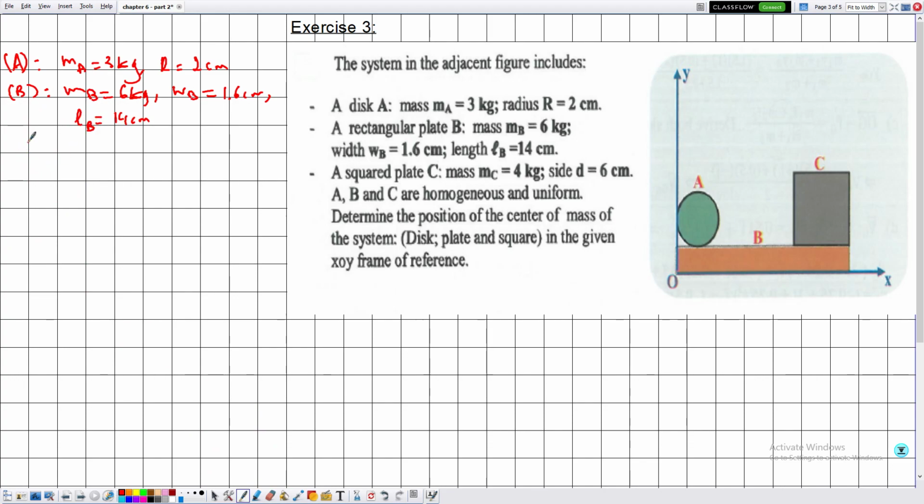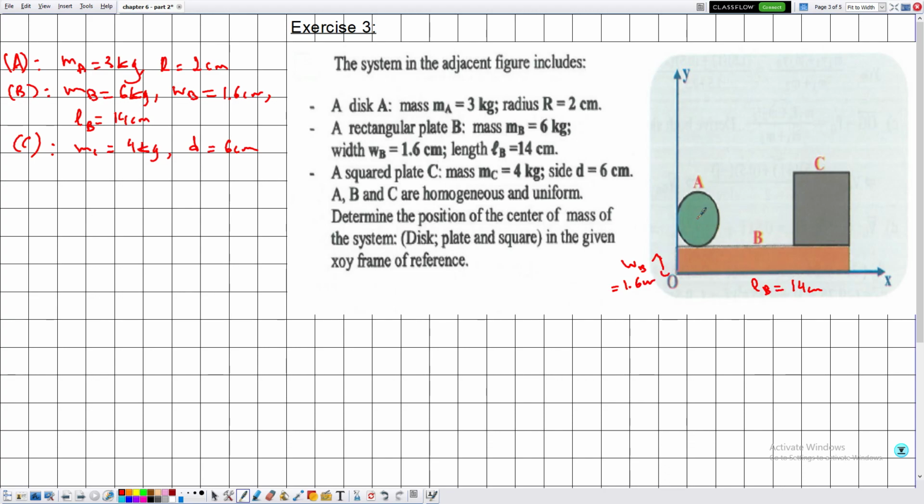Now as for the square plate C, they are telling me mass MC is equal to 4 kilograms and of side D equal to 6 centimeters. So it's very convenient to represent the dimensions on the figure. So let's say that this is the length LB equal to 14 centimeters. The width WB is equal to 1.6 centimeters. This is the width, okay, this is the length.